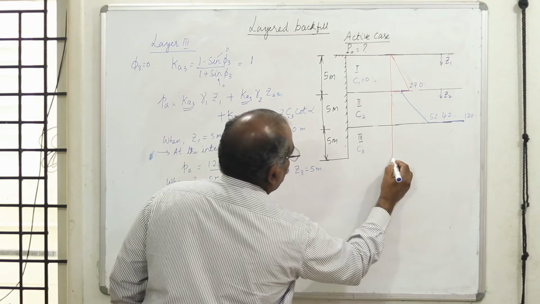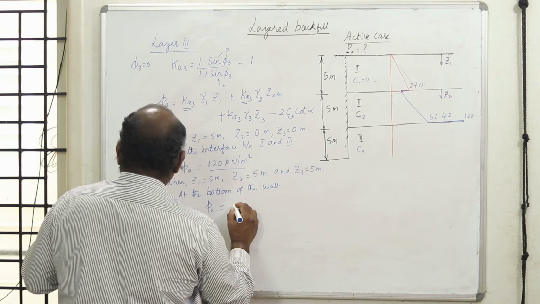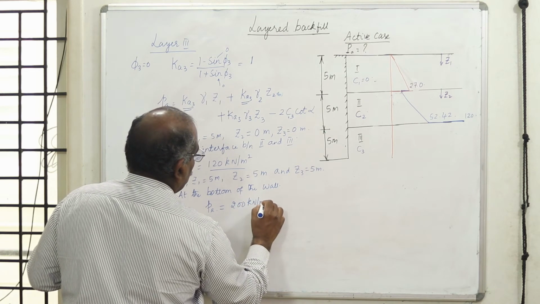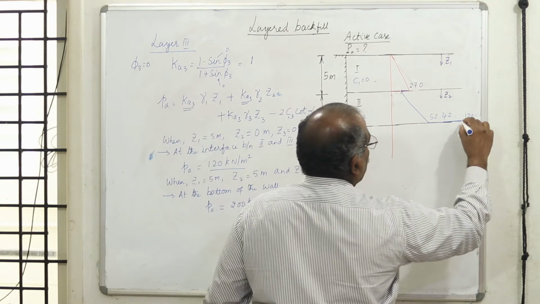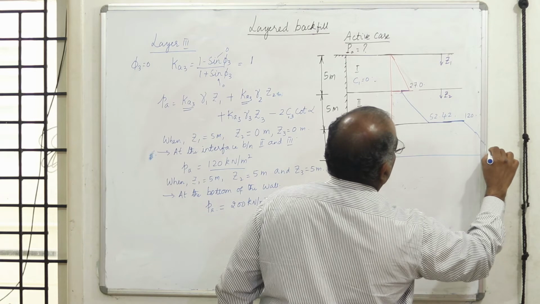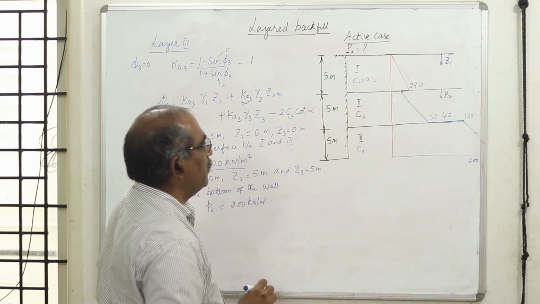Now what will be the pressure? PA becomes 200 kilonewton per meter square. Therefore this continues like this. Lack of space, I will leave it here. This becomes 200. Therefore this is the pressure variation.